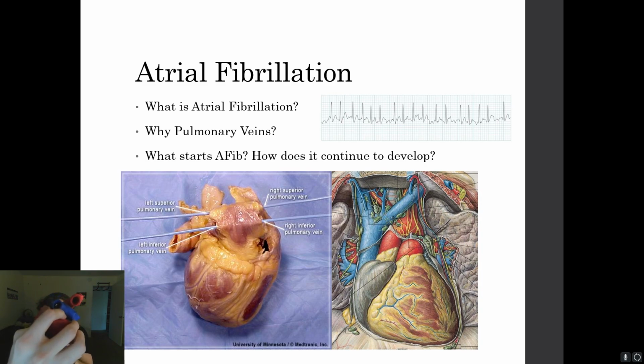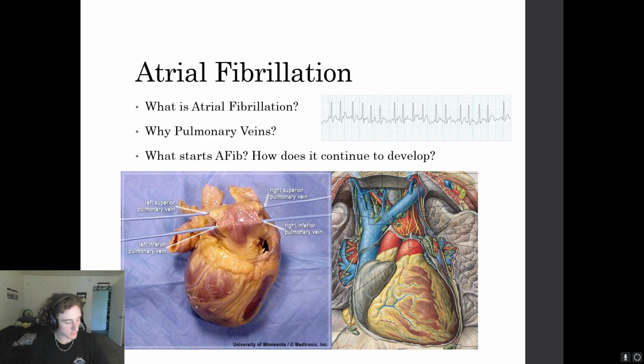Every time it contracts, this is fixed. So the site where the pulmonary veins go into the left atrium is the fixed site of the heart. The heart is a moving structure, except for that area where the four pulmonary veins enter the left atrium.